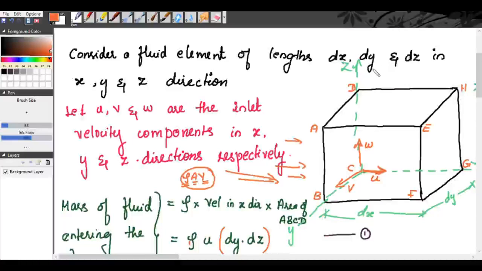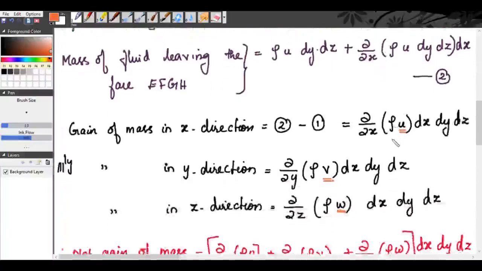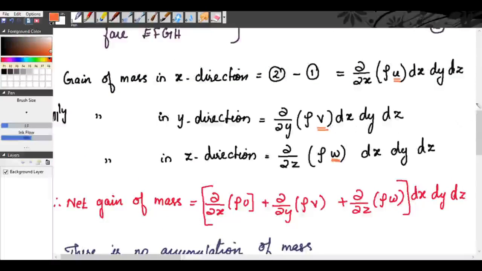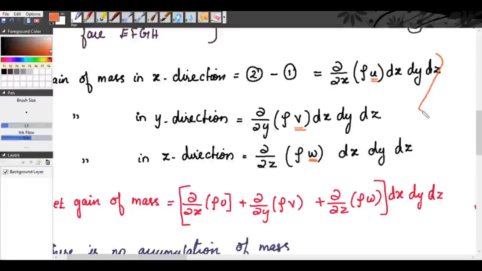So for these three components, the net gain of mass will be equal to the sum of the gain of mass in x direction, in y direction, and in z direction. dx dy dz is common for all three directions, so we take dx dy dz common. The remaining thing is ∂/∂x of (ρu) plus ∂/∂y of (ρv) plus ∂/∂z of (ρw).